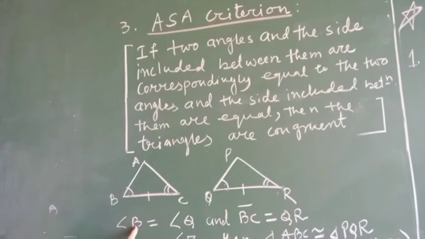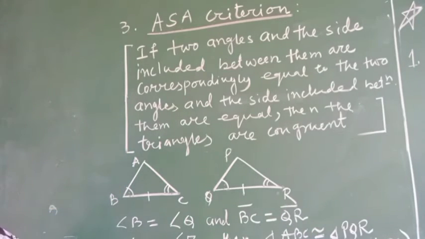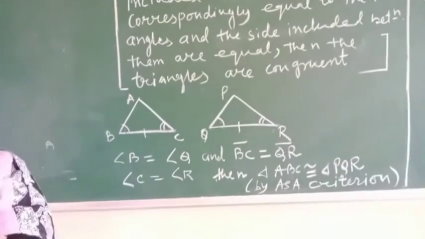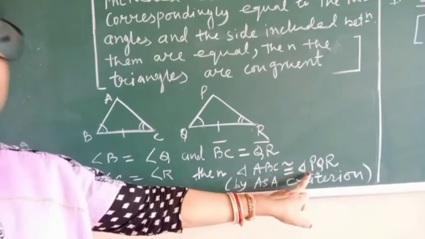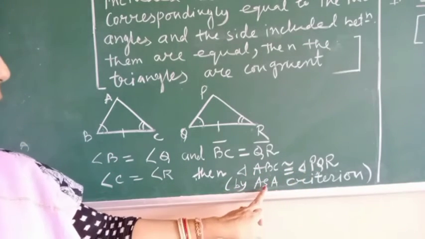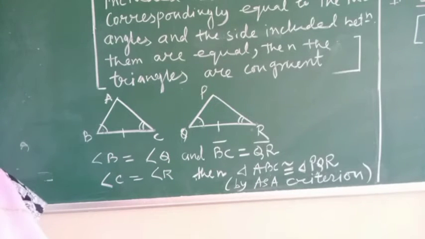Angle B is equal to angle Q, angle C is equal to angle R, and side BC is equal to side QR, all given. Then we can say that triangle ABC is congruent to triangle PQR by angle, side, angle criterion, or in short ASA criterion.